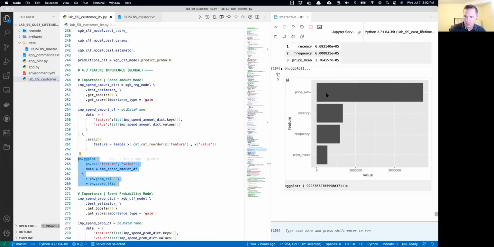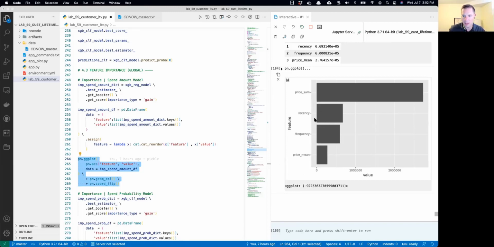So I can see for that first spend model, if we think about the question that we're asking, the most important feature to that model is how much they've previously spent, because that dictates how much they're going to spend in the future. So if they spent a lot previously, they're more likely to spend more money in that next 90-day window. Now, remember, that's a regression problem where we're trying to figure out how much are they going to spend.